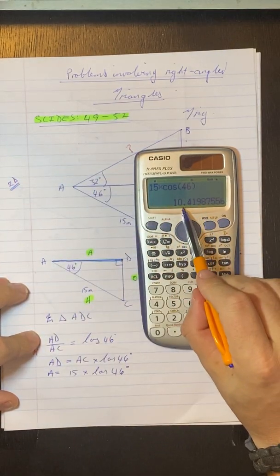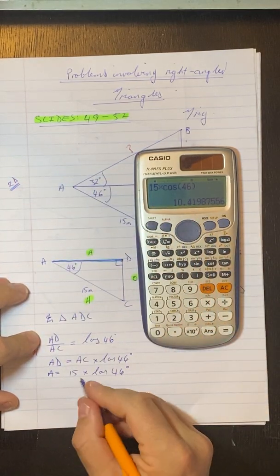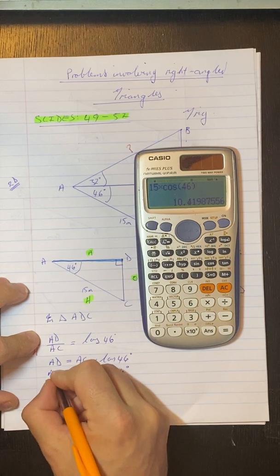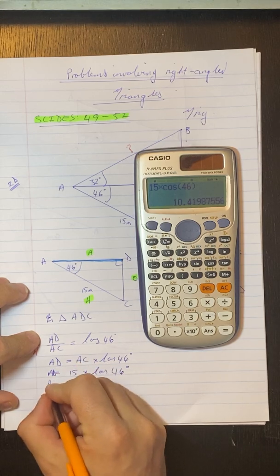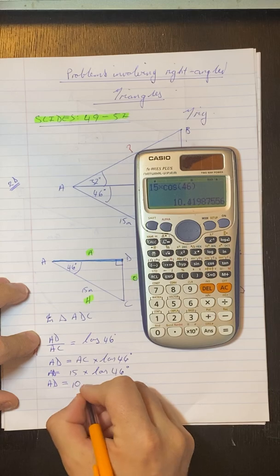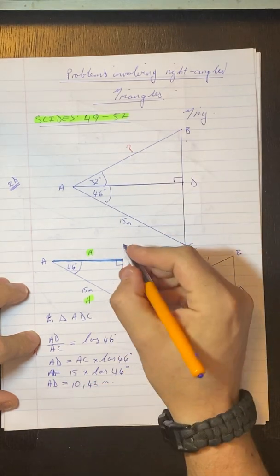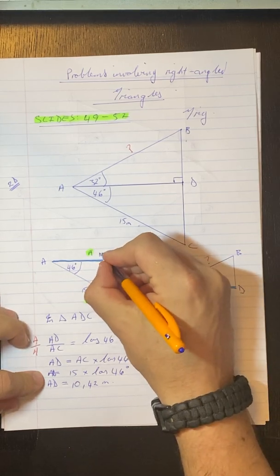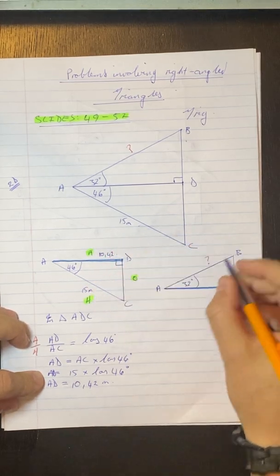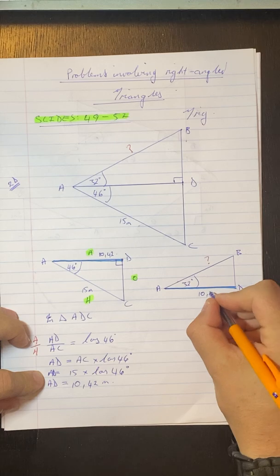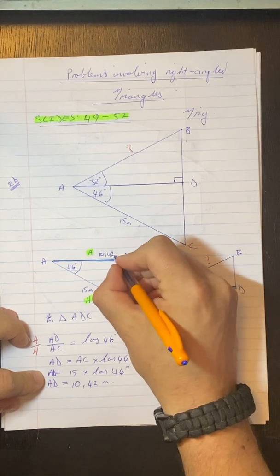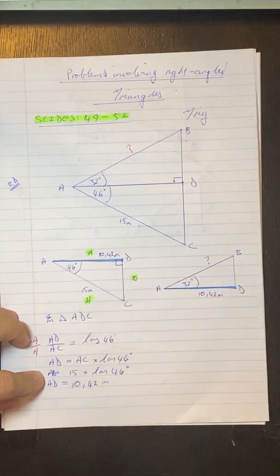So this would be 10.42. So AD is equal to 10.42 meters. Now we know that this one here is 10.42 meters because it's the same thing, AD.